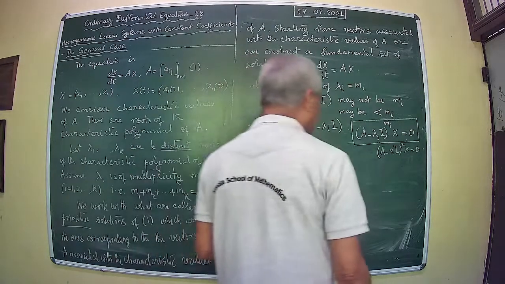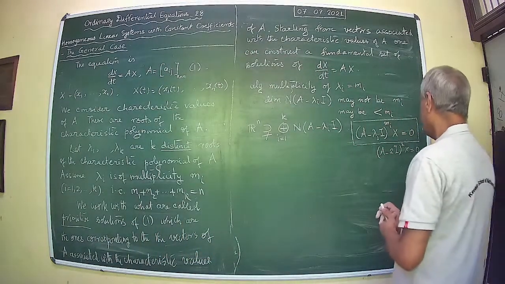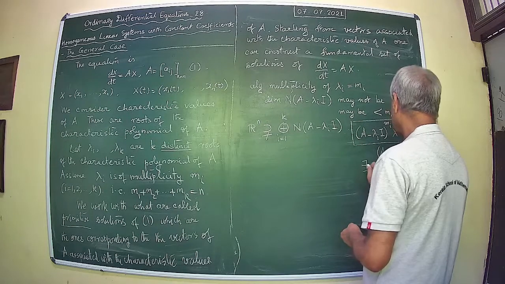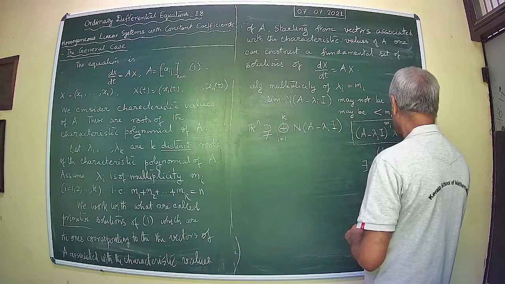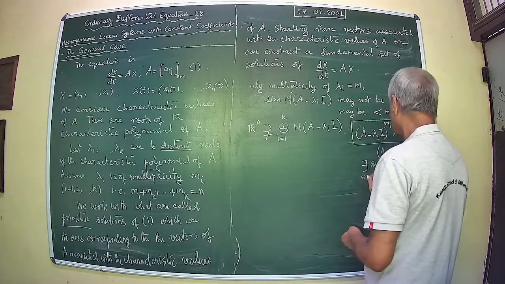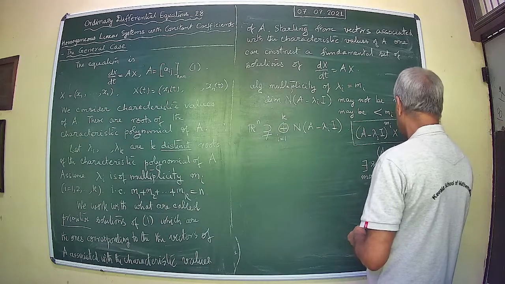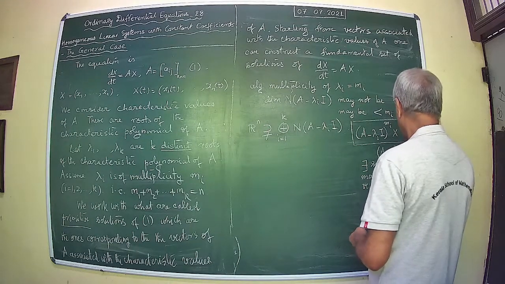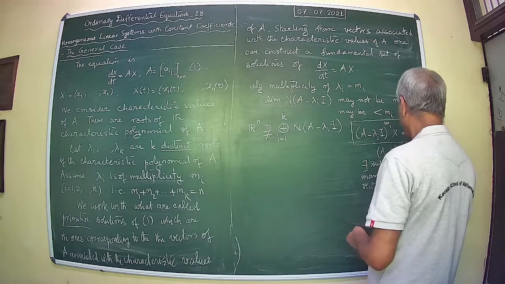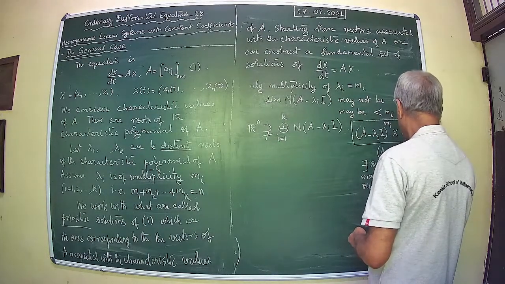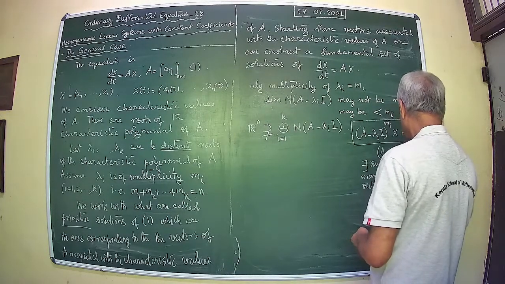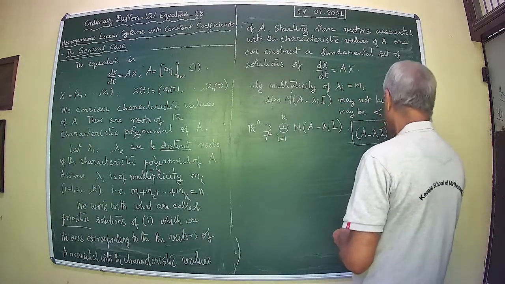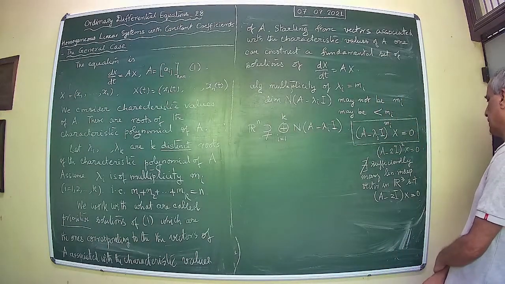But there exist vectors which are not necessarily satisfying the condition that many linearly independent does not exist sufficiently many linearly independent vectors in R^3 such that this is equal to 0.